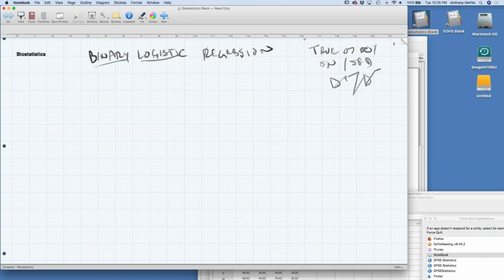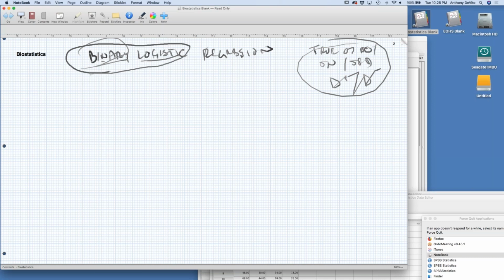When we look at binary, we're only looking at two outcomes: true or false, yes or no, diabetic, not diabetic, and so on. That's what we're talking about with binary logistic: a yes or no to some variable which has two values.